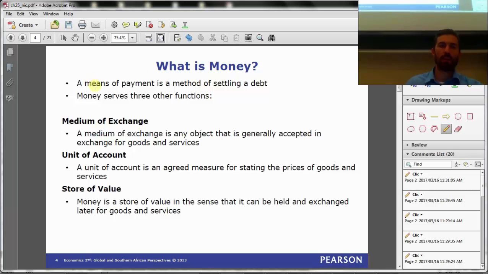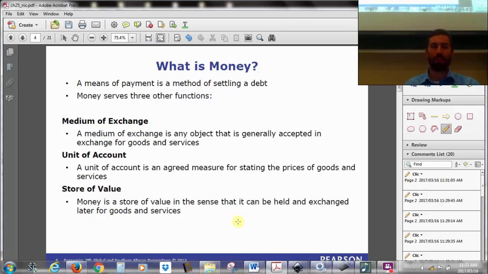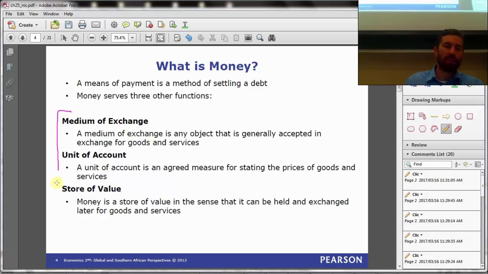So this slide rather strangely splits the functions of money into 3 functions of money listed here and 1 function of money listed there. I don't know why, but that's what it does. I guess these are the 3 functions of money that are usually listed. A 4th function of money is this idea here.